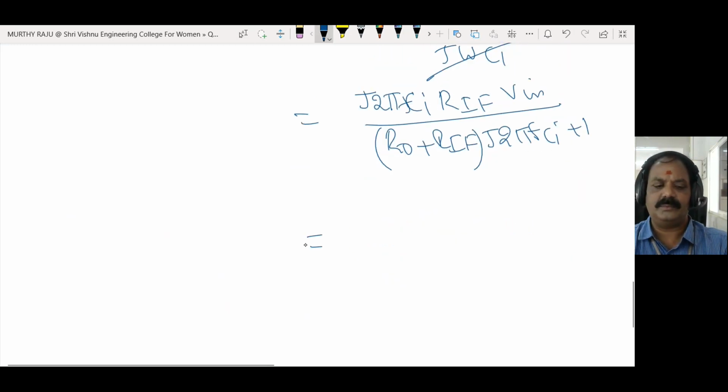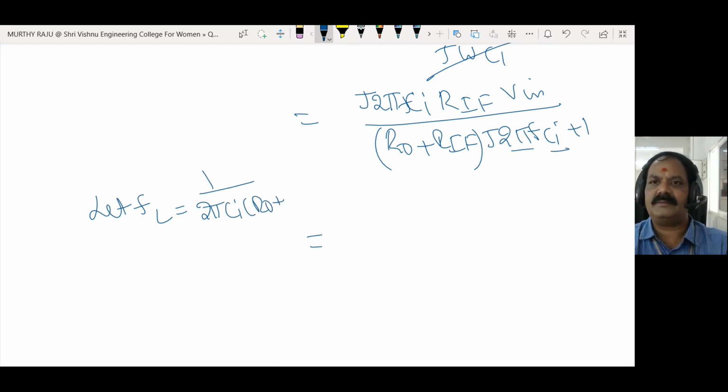Let FL be equal to 1 by 2 pi CA times R0 plus RIF.